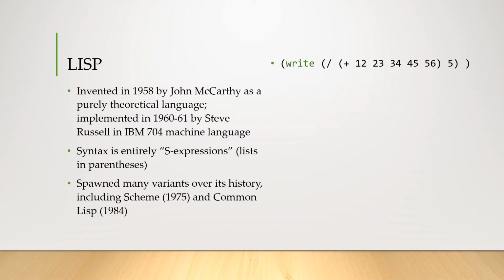Lisp has spawned many variants over its history, including a fairly famous one called Scheme and another fairly famous one called Common Lisp. As you can see, it was still in use in 1984. Well, it's still in use today by artificial intelligence researchers, because this language, unlike most other languages, the structure of the language itself is just a series of lists.